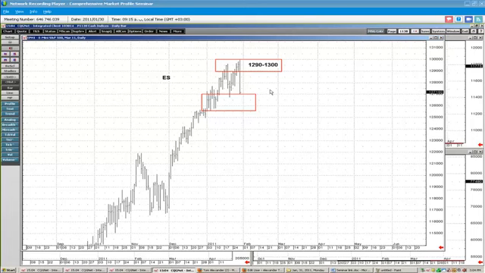And if it breaks, then at that point in time, I can change my assumption and adjust: well, maybe this is going to be a more protracted or a wider range balance area that's forming than I thought. But unless this area breaks, my working assumption is you're going to form at least a short-term low in here. And from that point, I want to judge what happens on the ensuing rally.